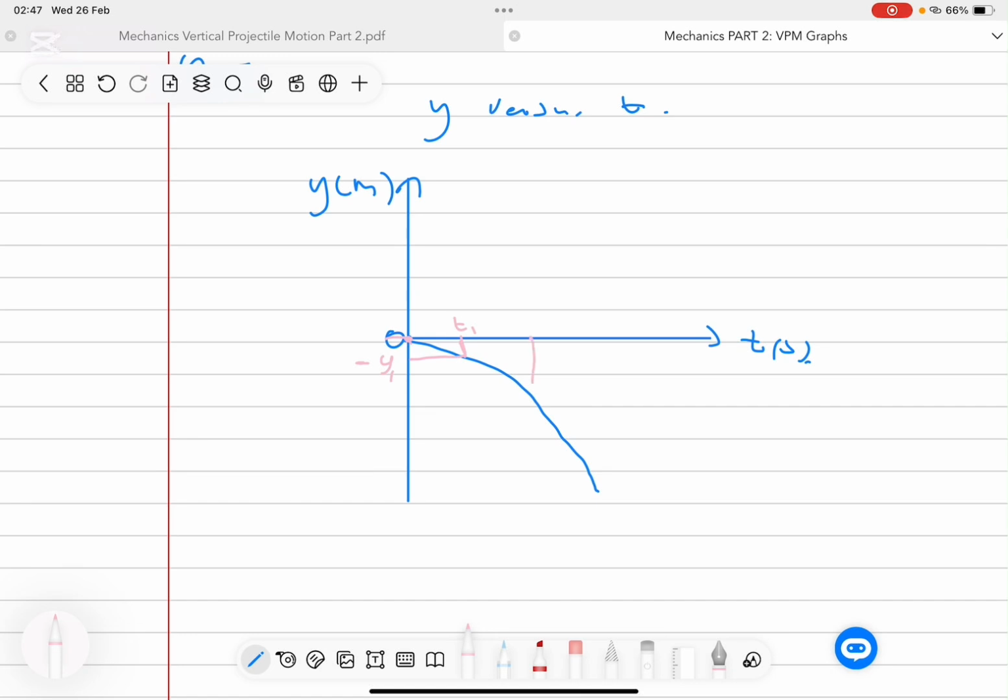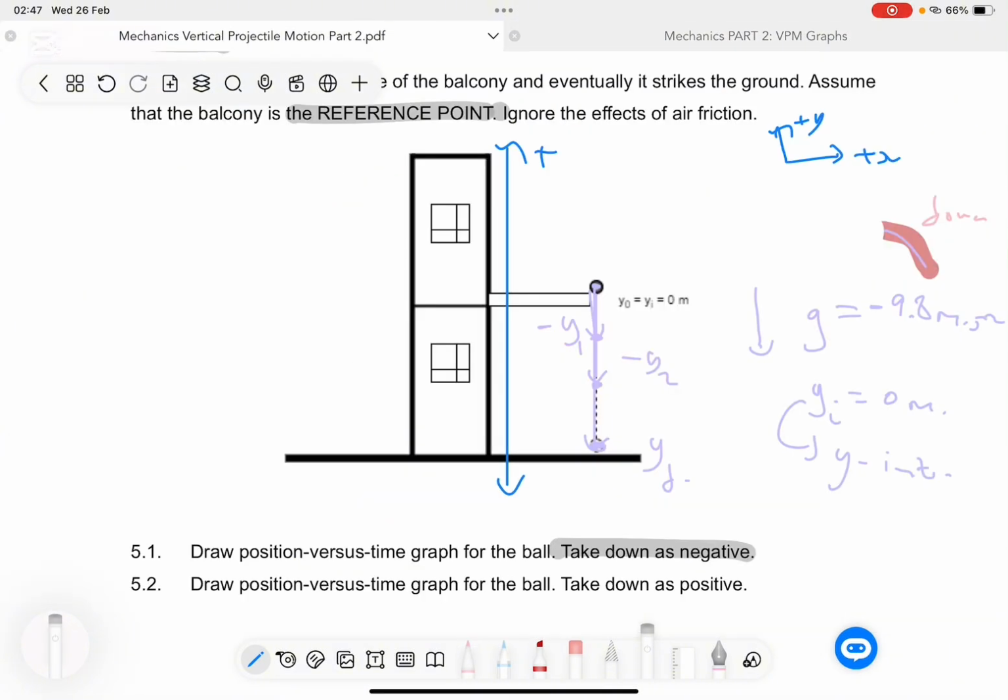As we increase the time to t2, we also increase the position so that we are at y2, which is negative. And we increase this again until we get to the ground there, which is the final position that is negative as well. So we get the expected results. And that's how you'll draw a position versus time graph for an object that is dropped downwards.